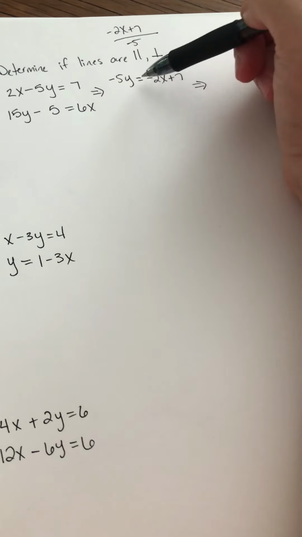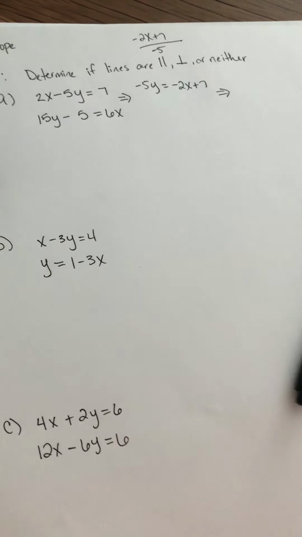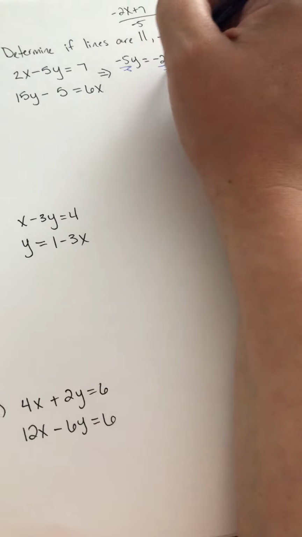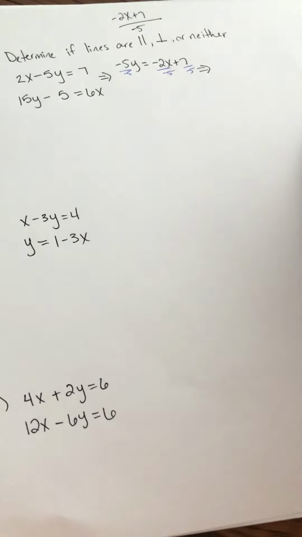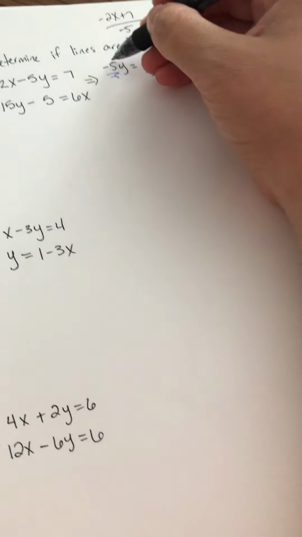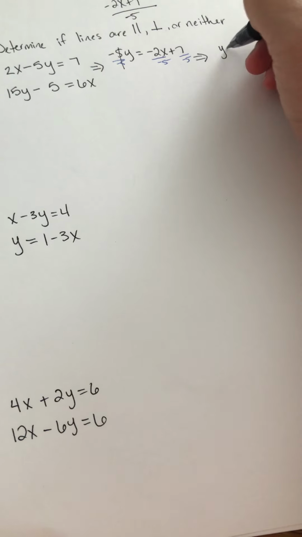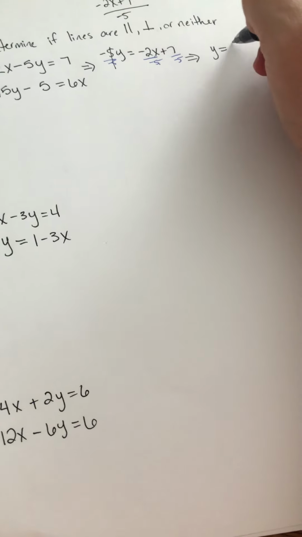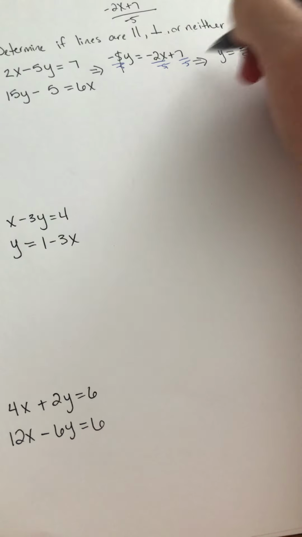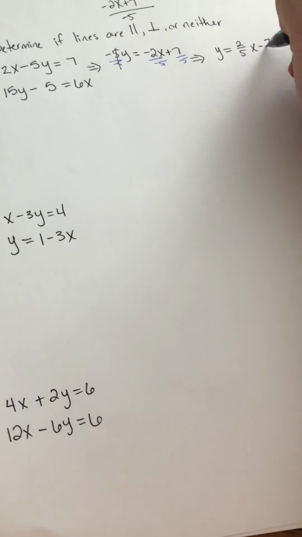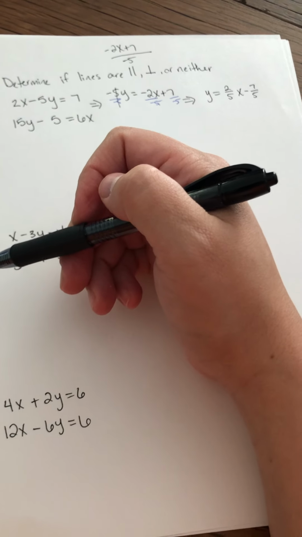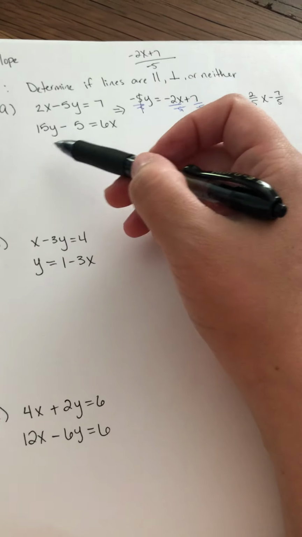So you want to do it by pieces: divide this by negative 5, this by negative 5, and this by negative 5. So these cancel, and you're left with y is equal to negative 2 divided by negative 5 becomes positive 2/5 x, and then 7 divided by negative 5 is negative 7/5. So there's that one in slope-intercept form, y equals mx plus b.